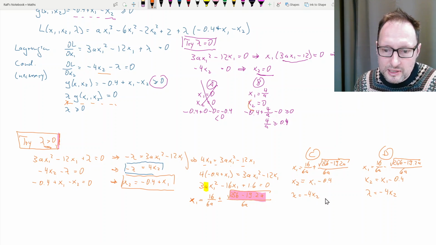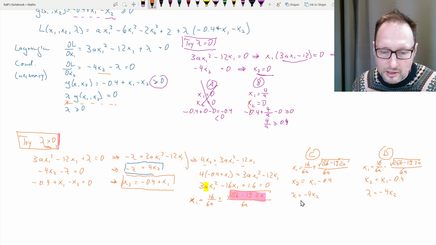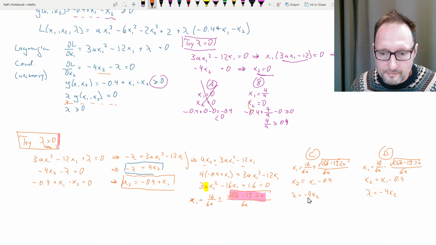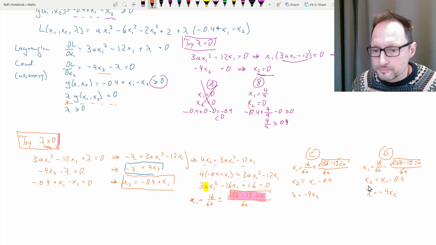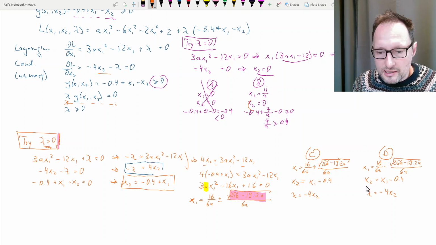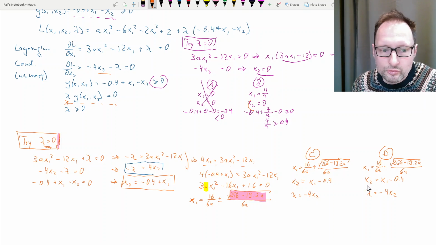Basically what we need is negative values of x2 so that the lambda is going to be positive or 0. So we'll go now to part C to actually complete the solution, because we can't really go further at this stage.